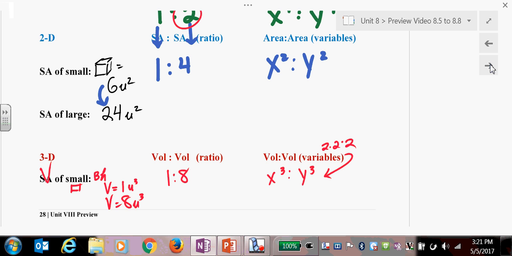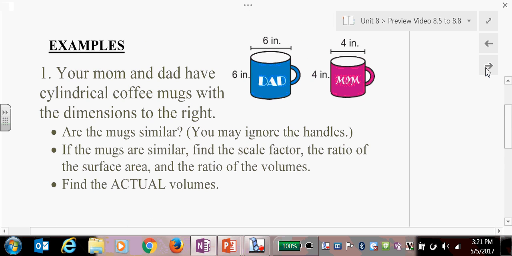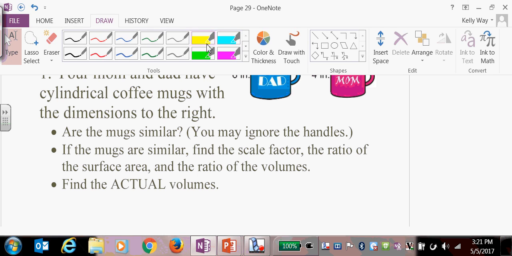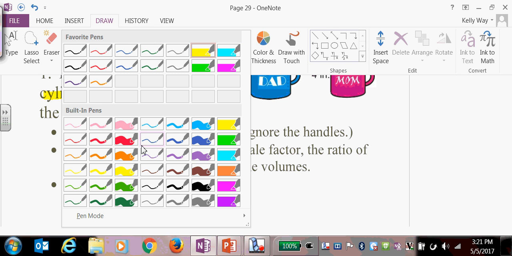Let's do a couple practice problems with what this looks like. Are you ready? Couple examples here. Finger tap and read with me. Your mom and dad have cylindrical mugs with the dimensions to the right. Your first job is to ask yourself, are they similar? Let's check the ratios.